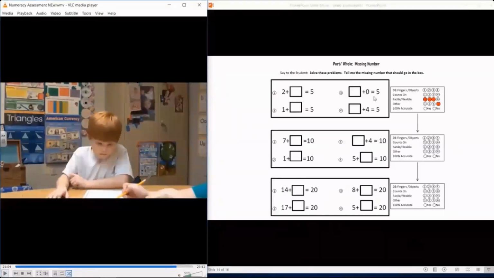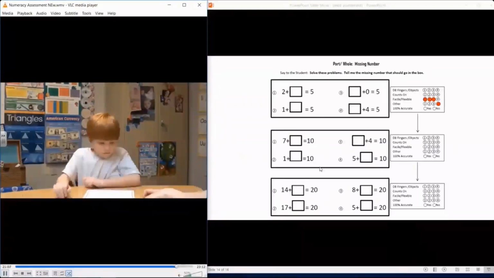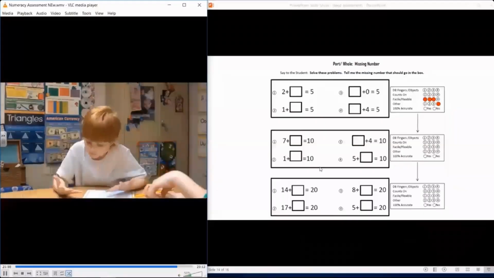However, I feel like when you're giving this, there's times where you want to be as strict as possible, but you also want to get as much information. You know that he's very close to having mastery of 5. So we're just going to give him 10 and see how he does with 10. Tell me the missing number that should go in this box. What'd he do?